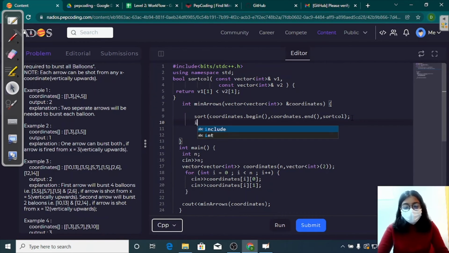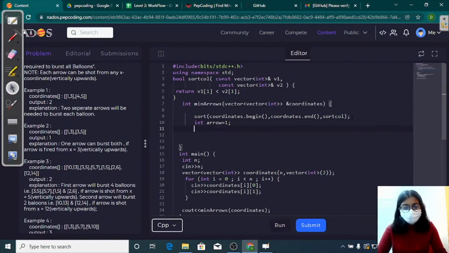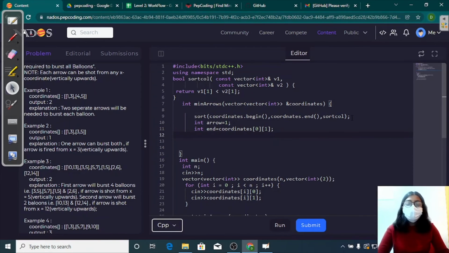Now I will be making an arrow which is initially equal to 1. Then there will be an endpoint which will be equal to coordinates of 0 of 1. It means coordinates of 0 ending point. Coordinates of 0 represents my first balloon. So the ending point of my first balloon is my initial end point.